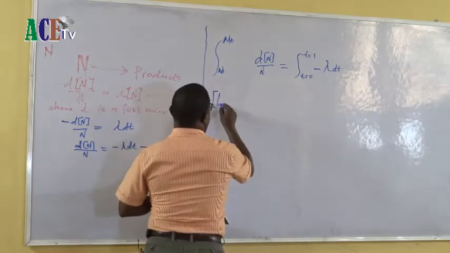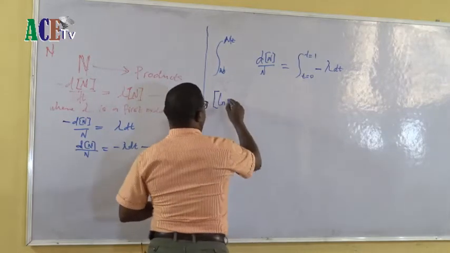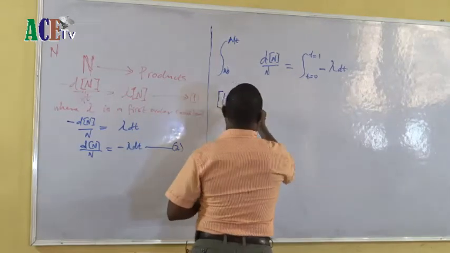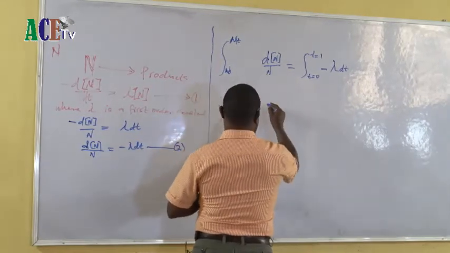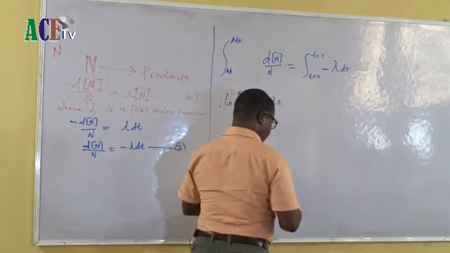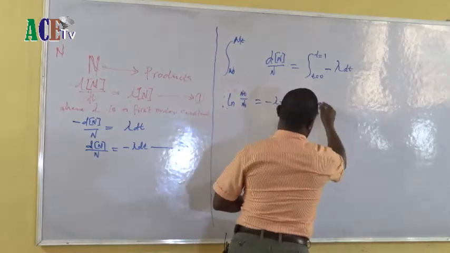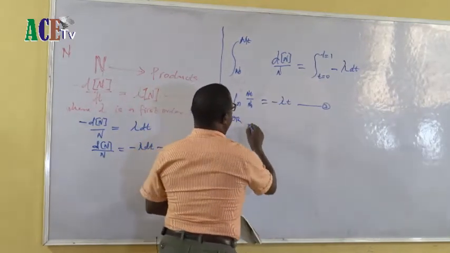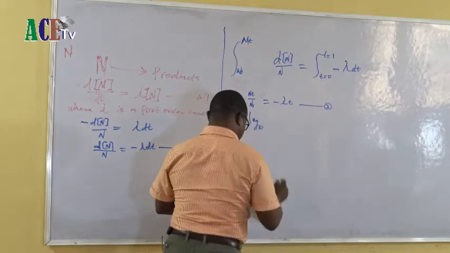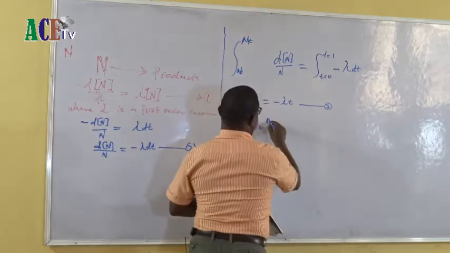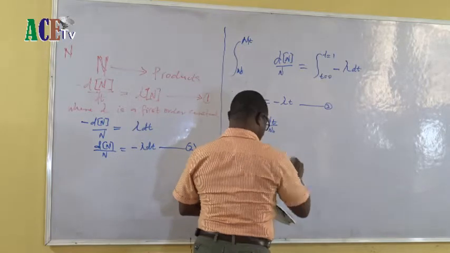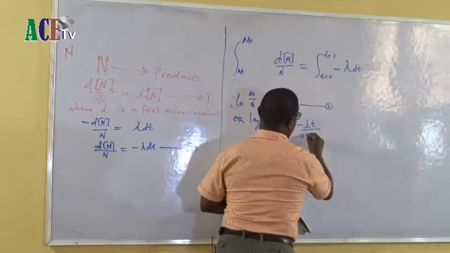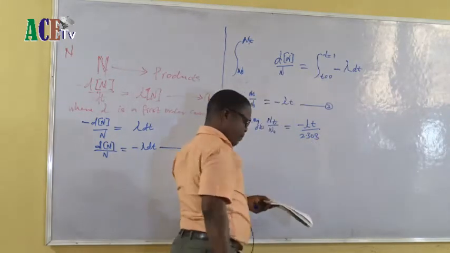So this results in ln of Nt over N0, which is equal to minus lambda t. And that will give us the third equation. Or ln is the same thing as log to base 10 of Nt over N0, which is equal to minus lambda t all over 2.303.